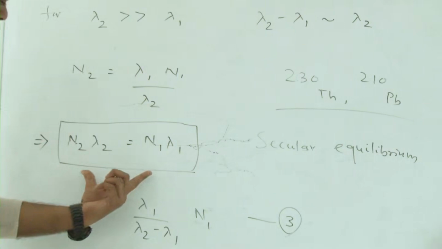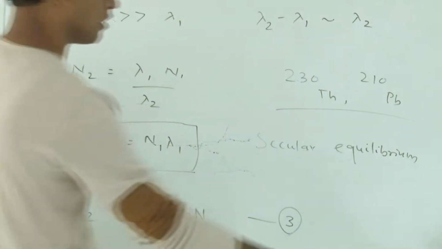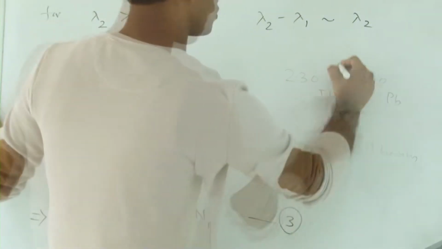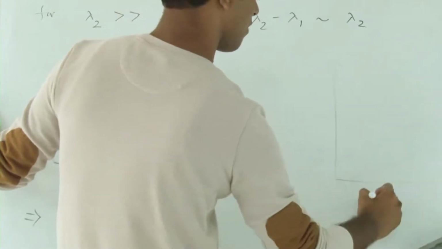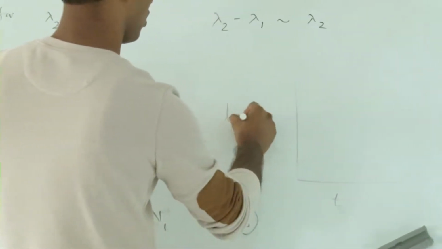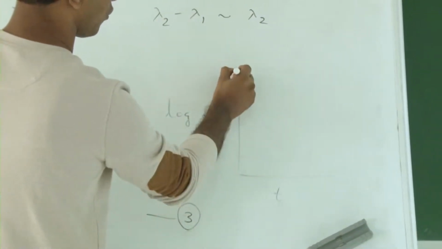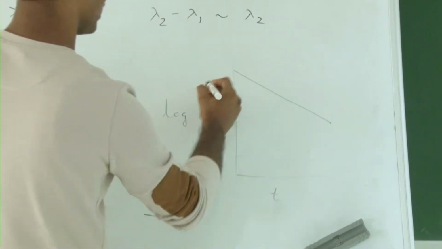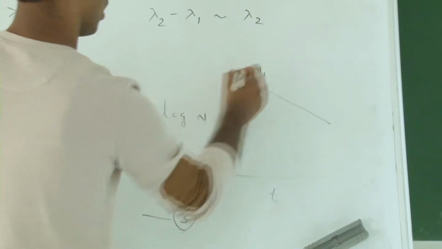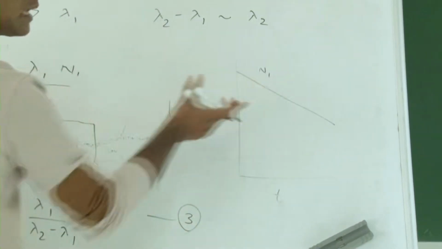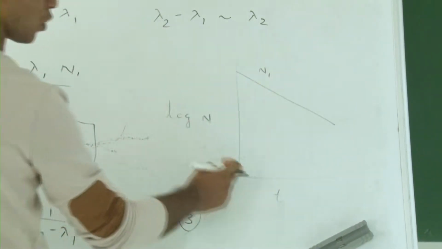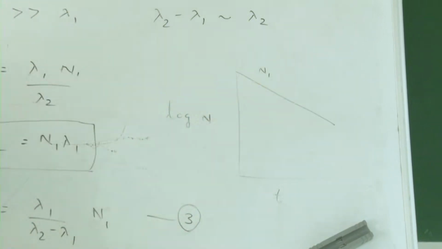If you try to put this in a graphical presentation, taking time and log N values, you will see that N1 will follow a straight line because it is a log term and N1 decay is exponential. So, over a period of time it will follow a linear trend, but with a negative slope because it is decreasing.